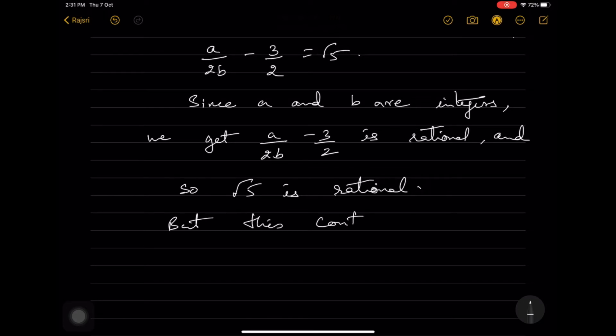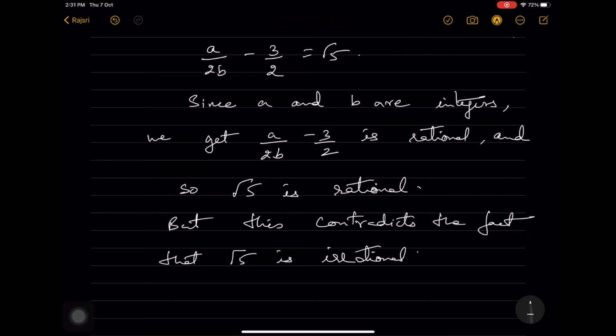But this contradicts the fact that root 5 is irrational.